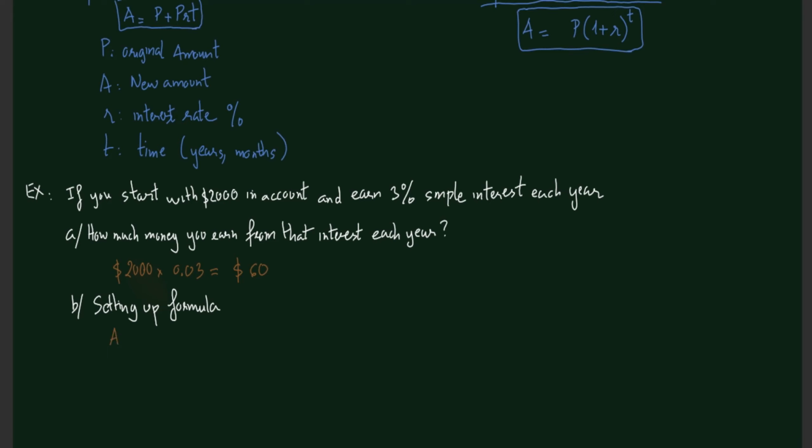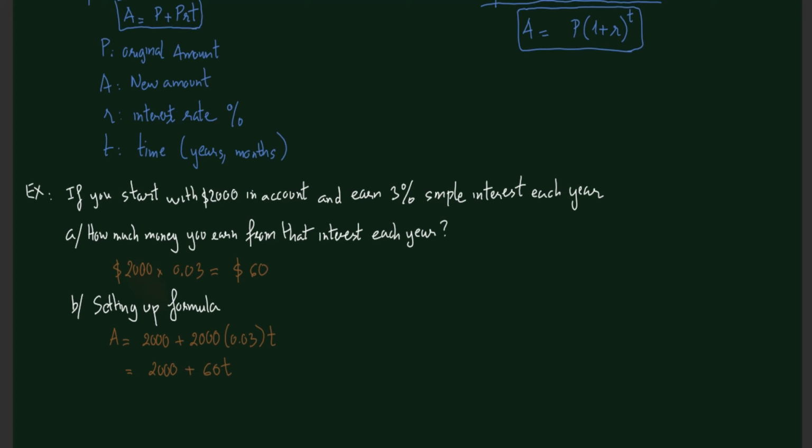A should be equal to P, the original amount, so it's 2,000, plus another 2,000 times R, which is 0.03, and time T. And this is equal to 2,000 plus 2,000 times 0.03, which we already calculated here is 60T. There you go.